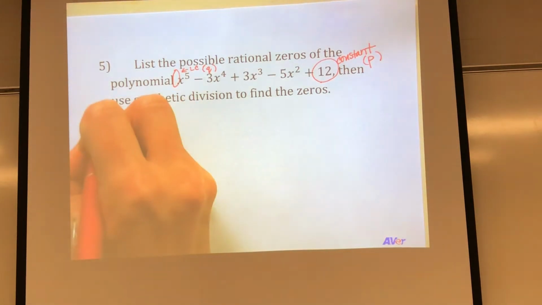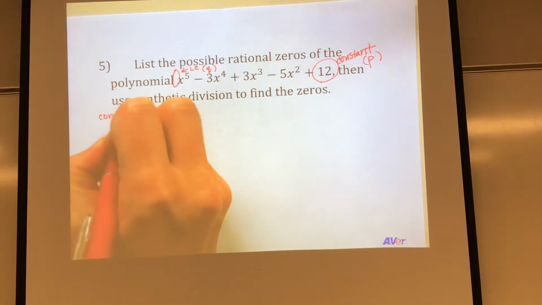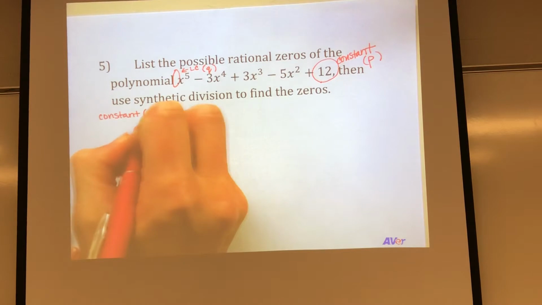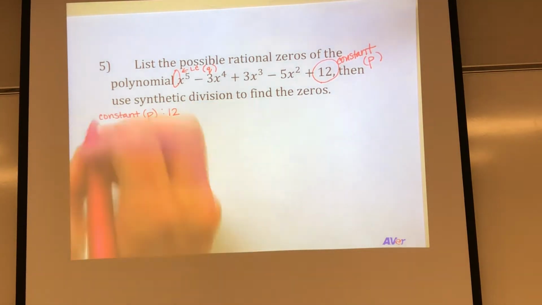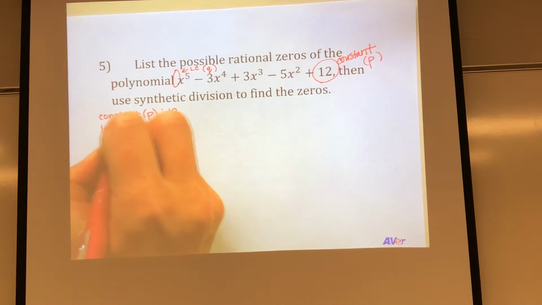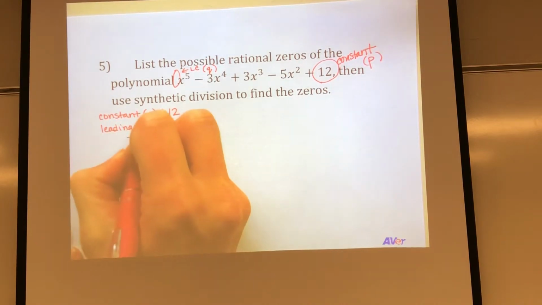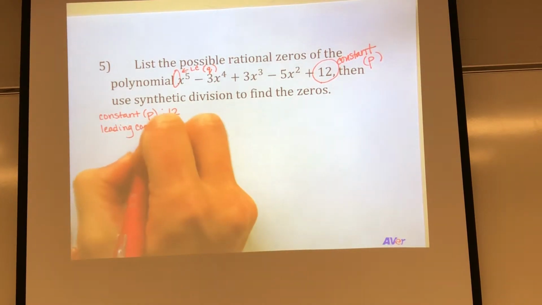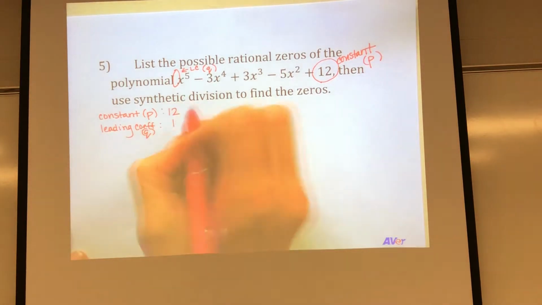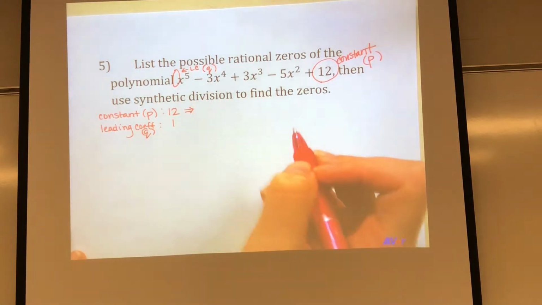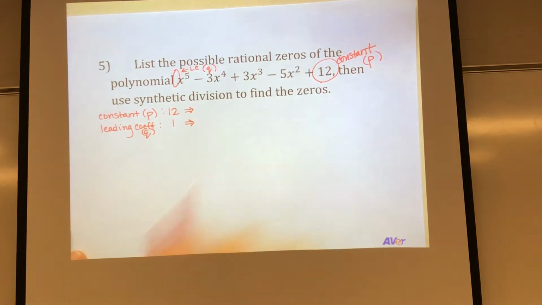Leading coefficient, and we're going to use the letter Q for that. So you're going to state your constant, which is P, and we have that as 12. And then our leading coefficient, I'm going to run out of room, which is Q, is 1. All right, then you're going to list out all of the factors of 12 and all of the factors of 1.